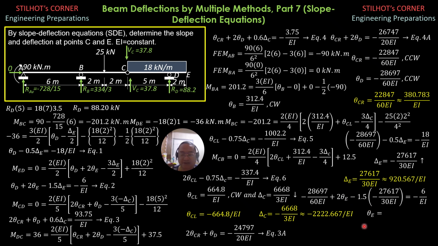So finally, we can solve theta E, which is equal to negative 27257 over 60 EI. Again, it is counterclockwise from slope deflection equation, but this rotation is positive universally. So final answer for theta E, 27257 over 60 EI or 454.283 over EI. So that's it for this video.